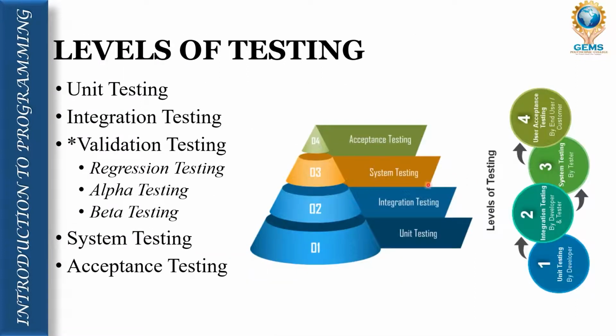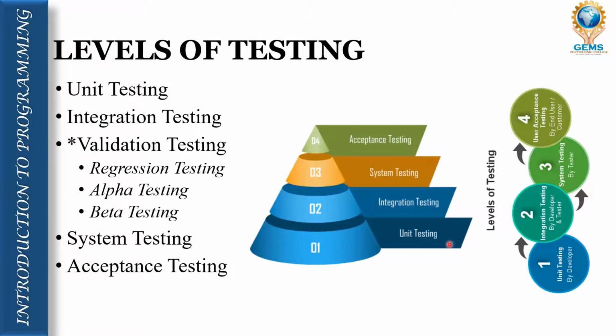Now we have levels of testing. Dear students, actually we have 4 levels of testing, but here I have added one more, that is validation testing. In validation testing we have 3: regression testing, alpha testing and beta testing. We will see these levels of testing one by one. By this image I will also try to explain.